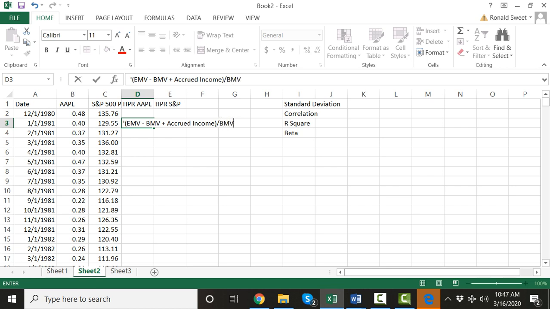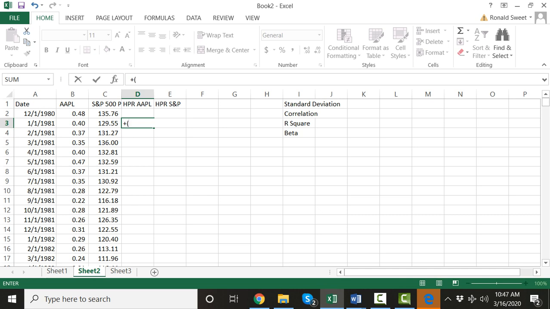But in our case, the accrued income is part of the adjusted close. So we already have it in there, so our ending market value already adjusts for that accrued income. So all we have to do is take ending market value minus beginning market value divided by beginning market value, or you can also do ending market value divided by beginning market value minus 1, but I'll do it just like we've done in class just to prevent confusion.